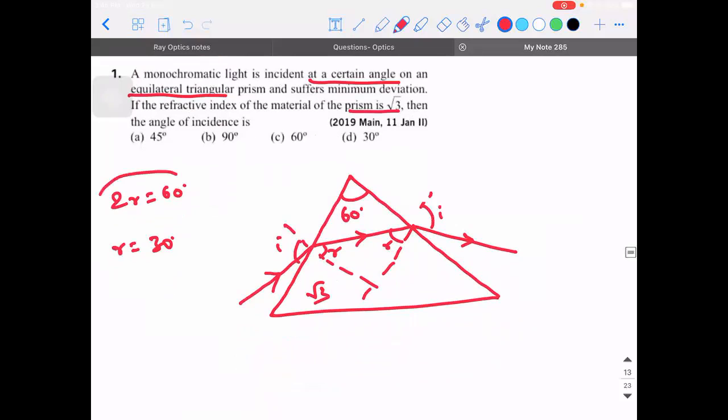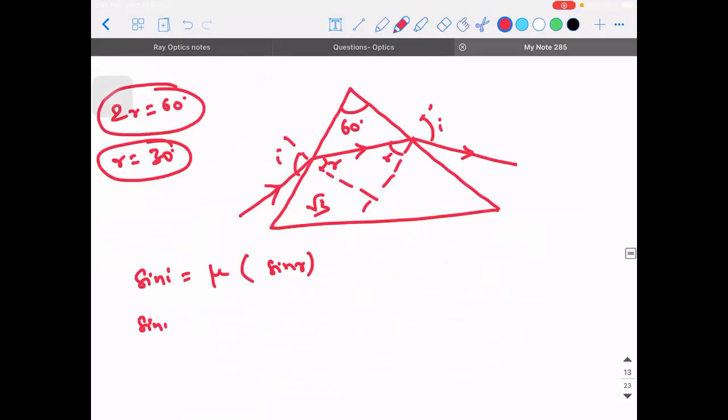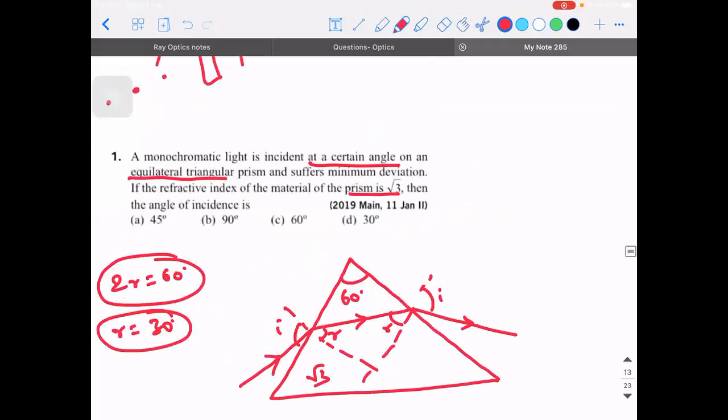Apply Snell's law. Sin i is equal to mu into sin r. Sin i is equal to √3 into sin r. Sin r is sin 30 degrees. That will be √3 by 2. Correct?